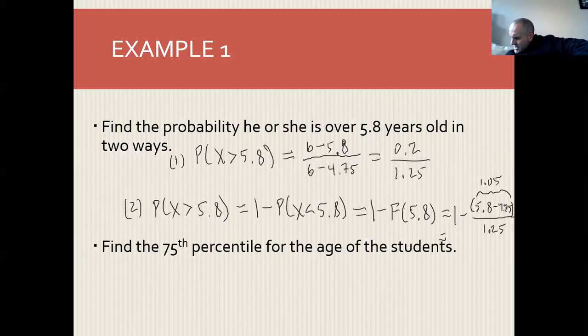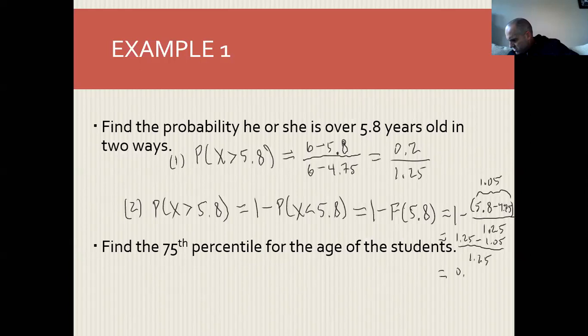Isn't that right? Okay. So if I find a common denominator between 1 and 1.05 over 1.25, it would be 1.25 minus 1.05 over 1.25. All I did was find a common denominator. And what's 1.25 minus 1.05?